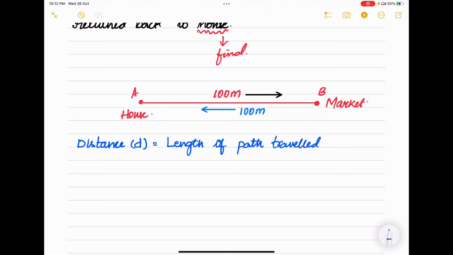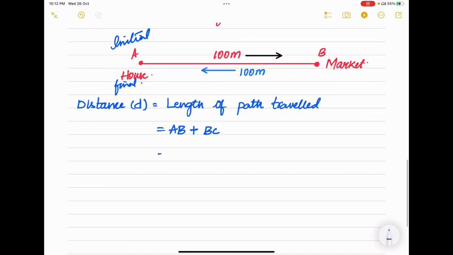House is the initial point, as he started from his house, and house is also the final position as he reached back. So the length of the path traveled is AB plus BC. AB is 100 meter and he returned back the same way, so overall distance traveled by the person is 200 meter. This is fine.